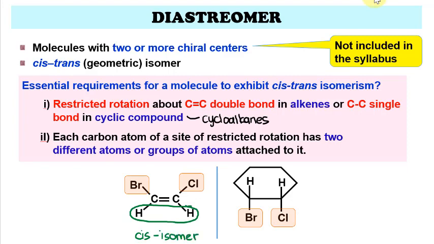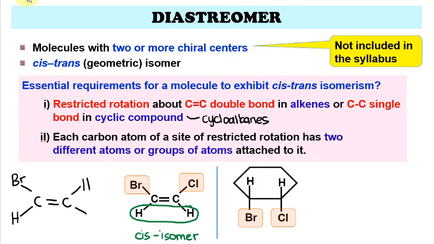So to draw the trans isomer, first we draw the carbon-carbon double bond, and take out the other two single bonds, like this. Then just copy back our atoms here: bromine, hydrogen, and now I'm going to change the position of hydrogen and chlorine on this carbon.